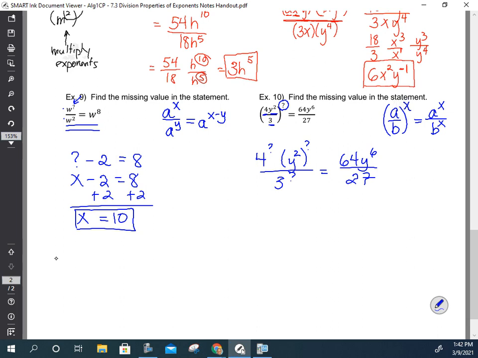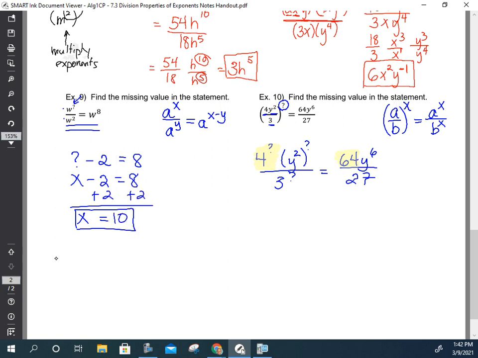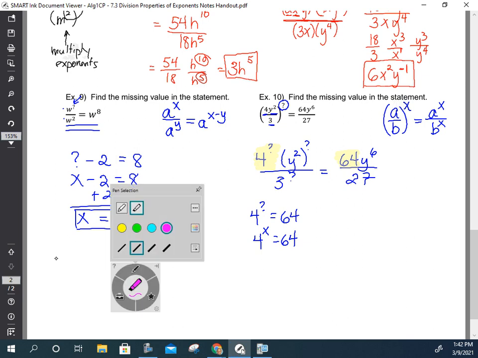So the main thing here, since you have 3 different parts, you're going to have 3 different equations. So 4 to the question mark has to match up with 64. So that's 4 to the question mark equals 64. So 4 to some power is going to give you 64. The y's have to match up with y to the 6.